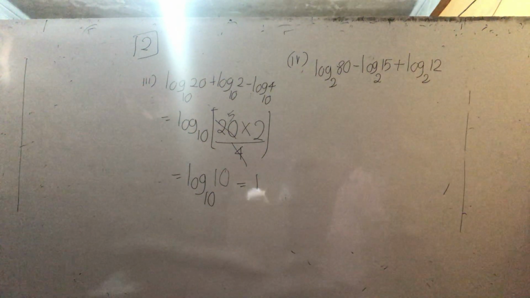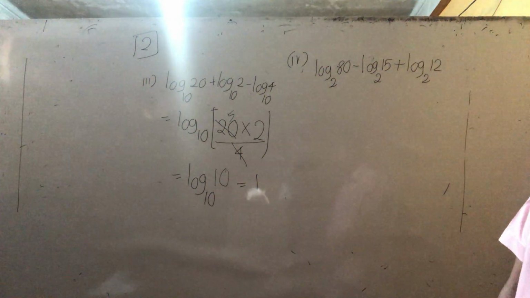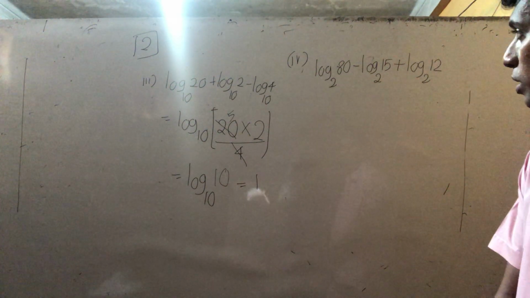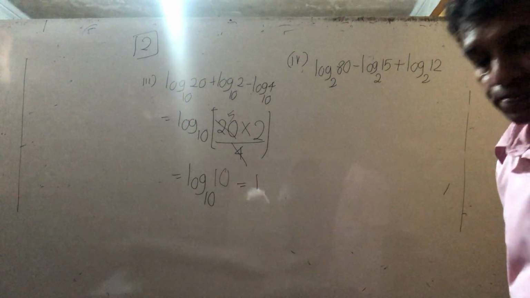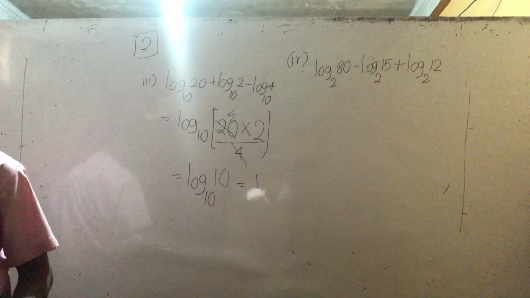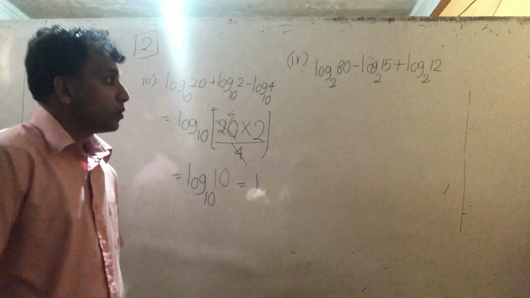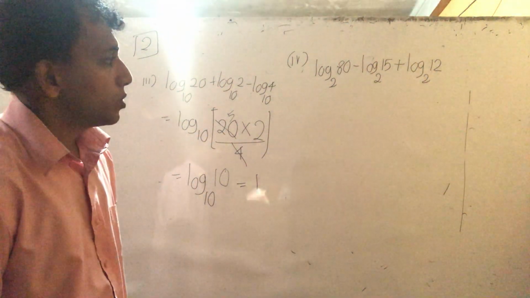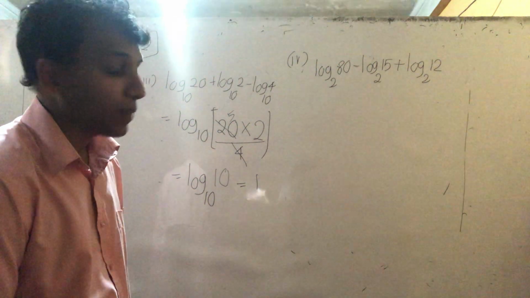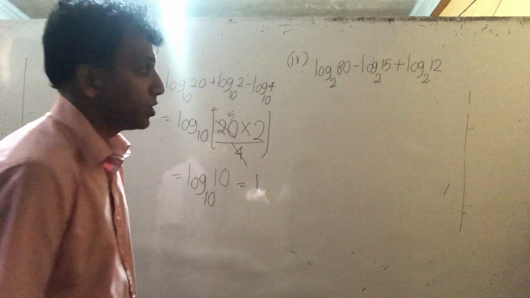Logarithm 80, logarithm 15, logarithm 12, all base 2, minus and addition. Here we can use both rules: minus is available, so subtract; plus is available, so multiply.